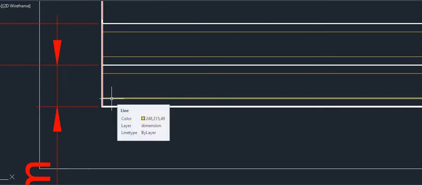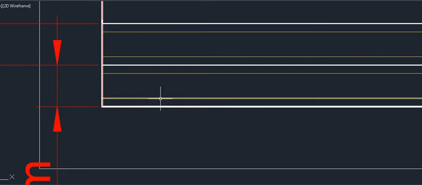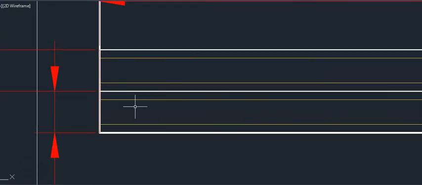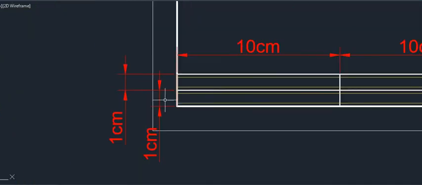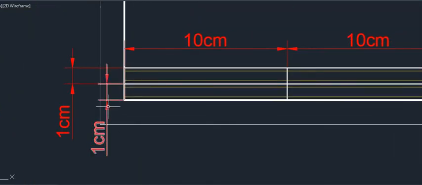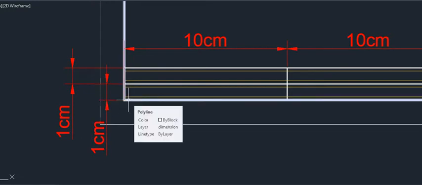So this line is just a very thin line because these two lines are guidelines, and then from here you measure 1 centimeter.